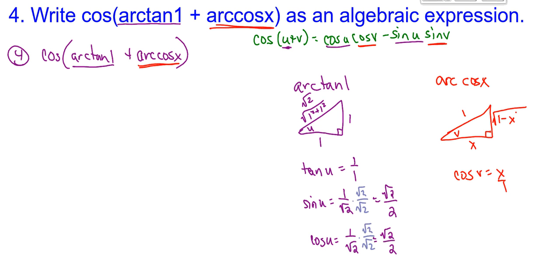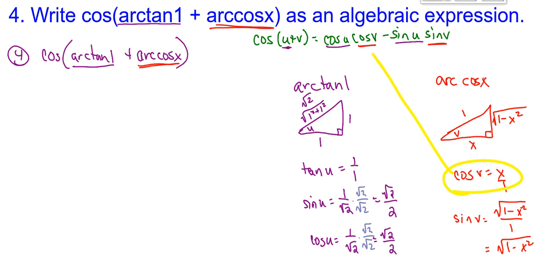So the cosine of v is x, and we also need the sine of v, which is opposite over hypotenuse, so the square root of 1 minus x squared over 1, which we can just rewrite as the square root of 1 minus x squared. So for this one, we need the cosine of v, which is just going to be x, and the sine of v, which is going to be the square root of 1 minus x squared.